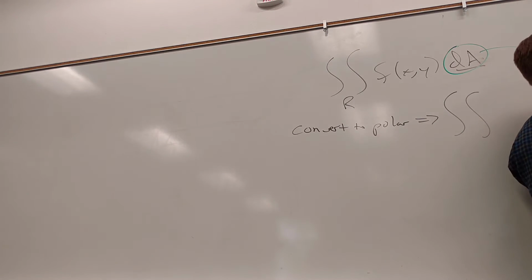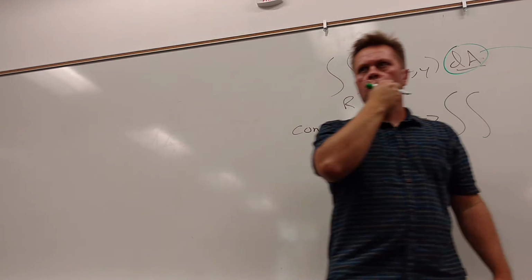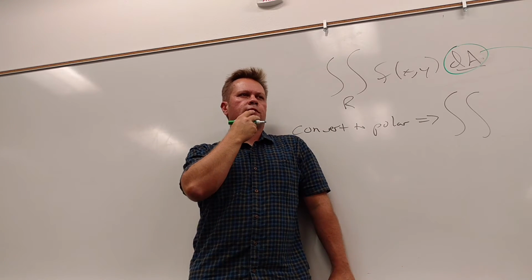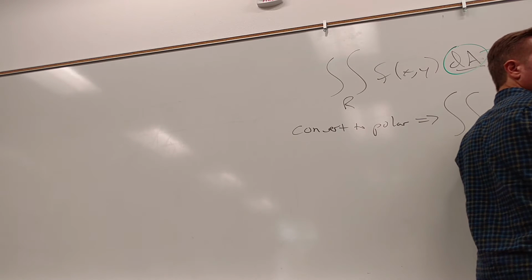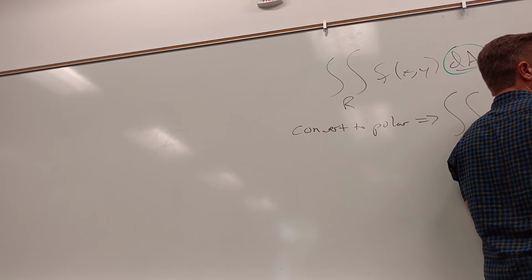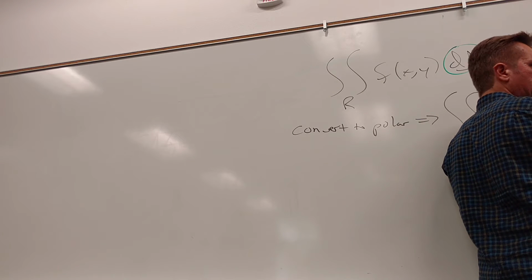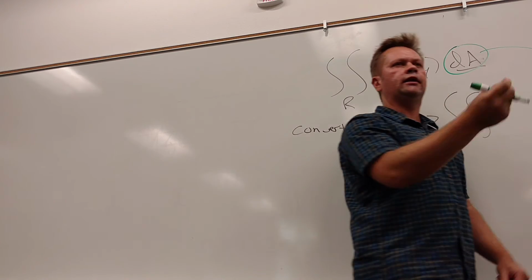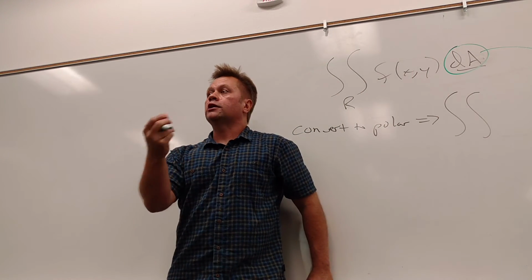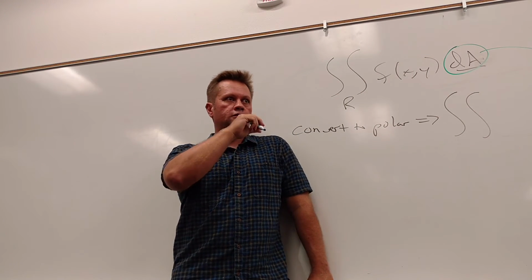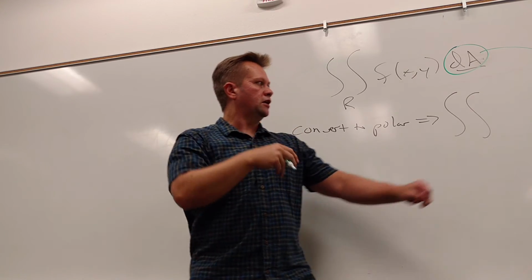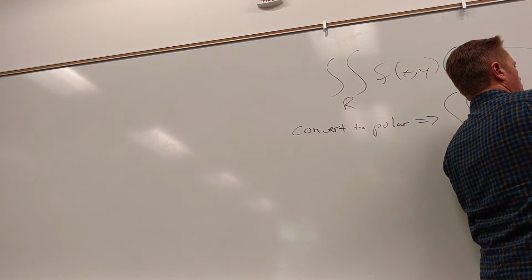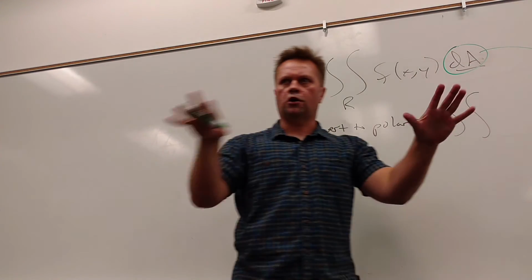Yeah. If you're at all curious about generalizing, we're actually going to talk about this later this semester, but if you want to look it up right now, it's a nice general way to use matrices to determine what this is going to be for any transformation you apply to your variables. This is just one specific transformation. If you use the Jacobian, it comes out to be R. The Jacobian tells you what's going to go there to make things work.